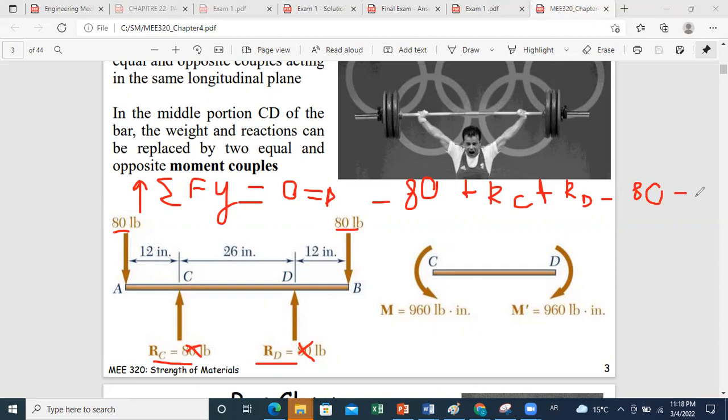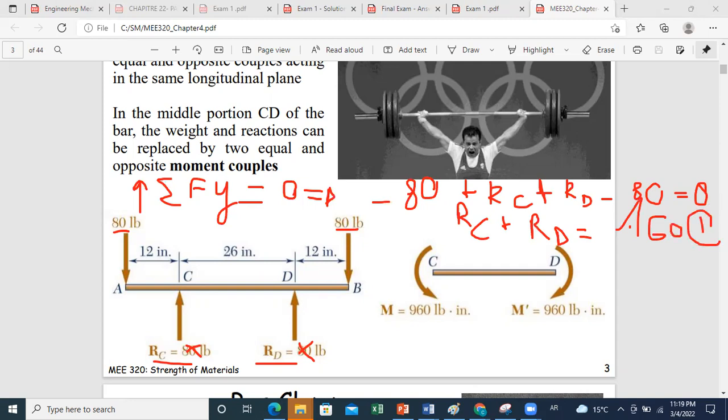So you deduce that the first equation relating RC and RD is that RC plus RD should be equal to, sorry, 160.